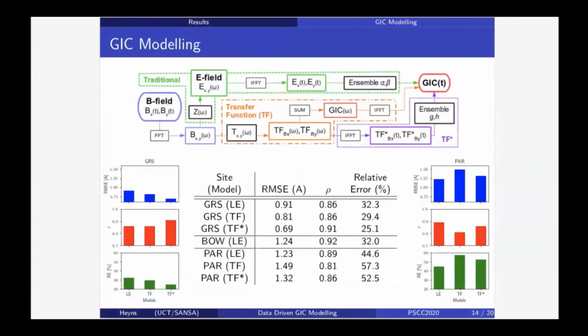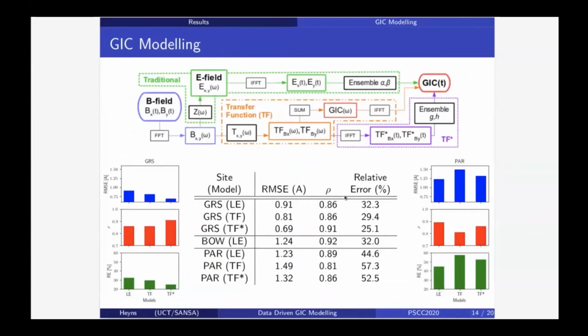Taking the different methods into account, we can see the operational usefulness in terms of modeling. Here, to be comparable with previous modeling in the South African network, the relative error is defined. This is the median value of the relative error in percentage of all time instances over 1 ampere GIC strength.